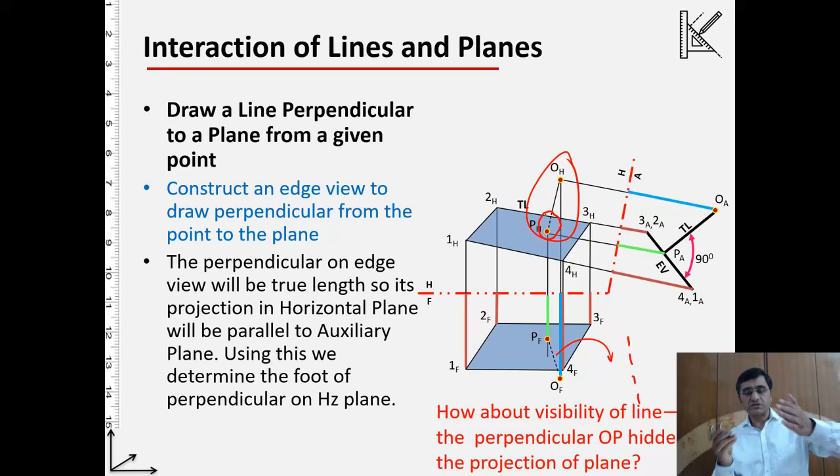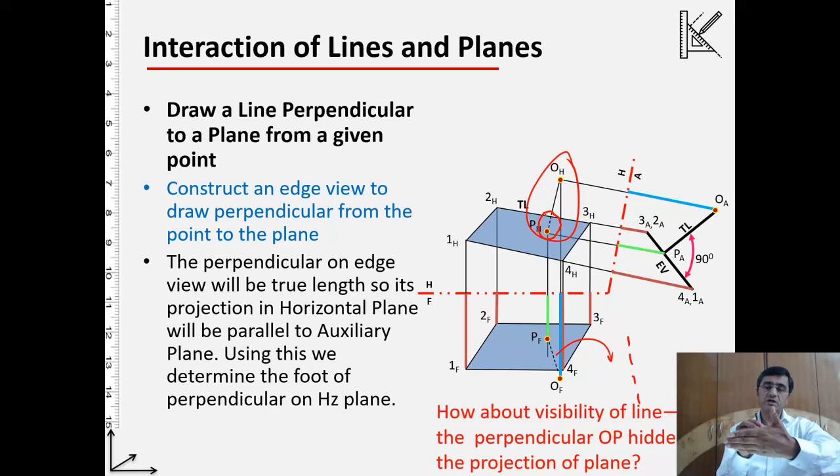Let us try to understand it. Let there be a line, and this line is perpendicular to the given plane. If you see this line on the frontal, you will see a foreshortened projection of the plane, as well as part of the line, but most of this line is hidden. Only a bit of the line is visible there.